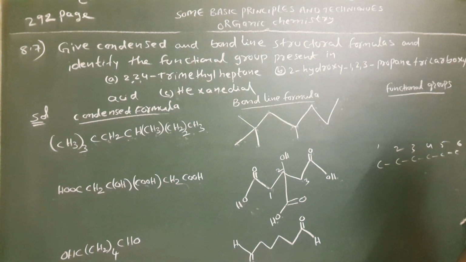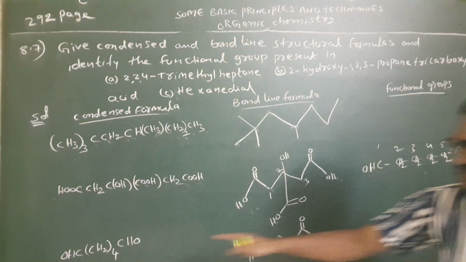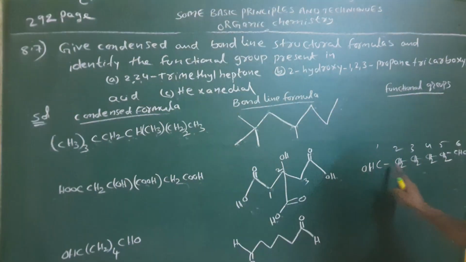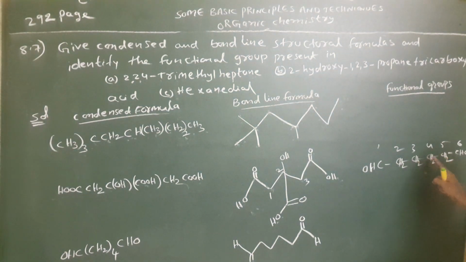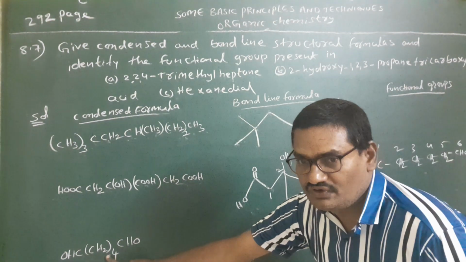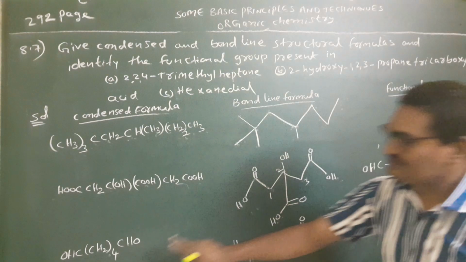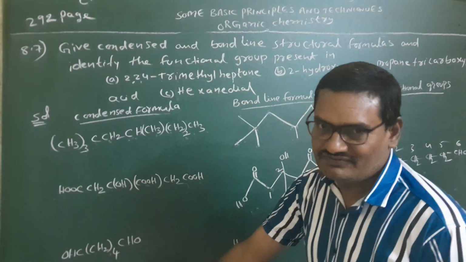With the dial, the first carbon is an aldehyde and the last carbon is an aldehyde. Here CH2, CH2, CH2, CH2, so CHO, CH2 four times, and the last one CHO. It is the condensed formula.